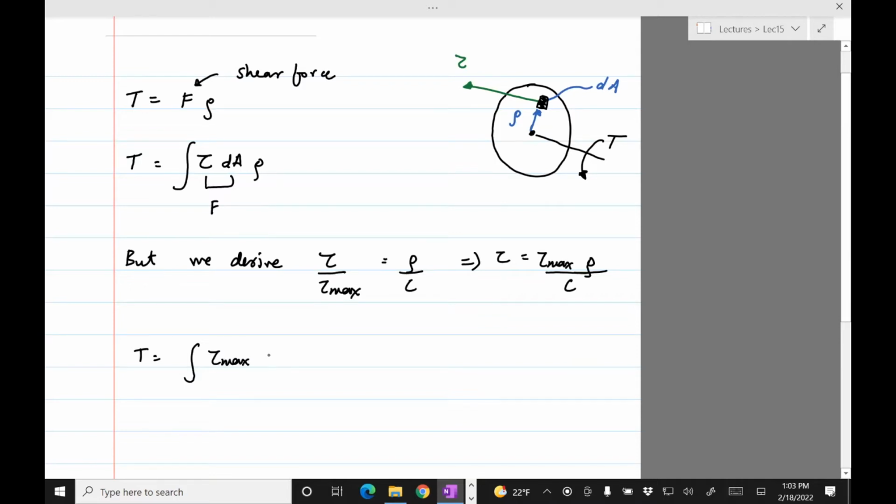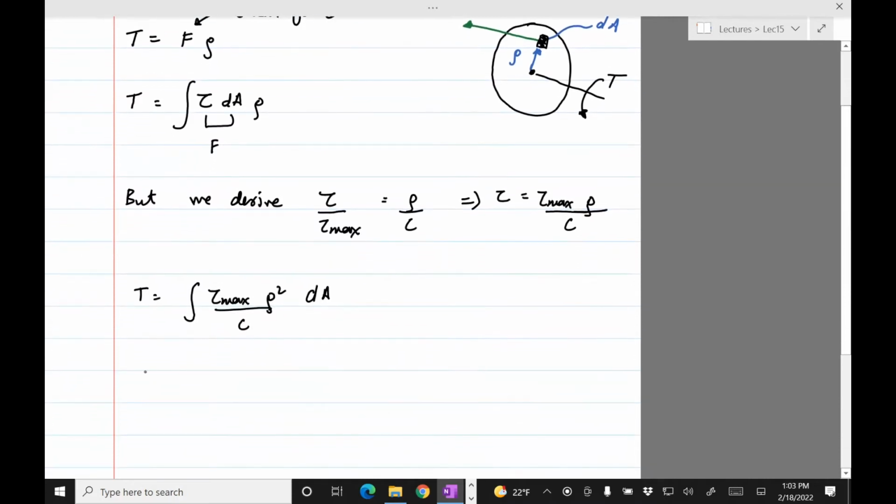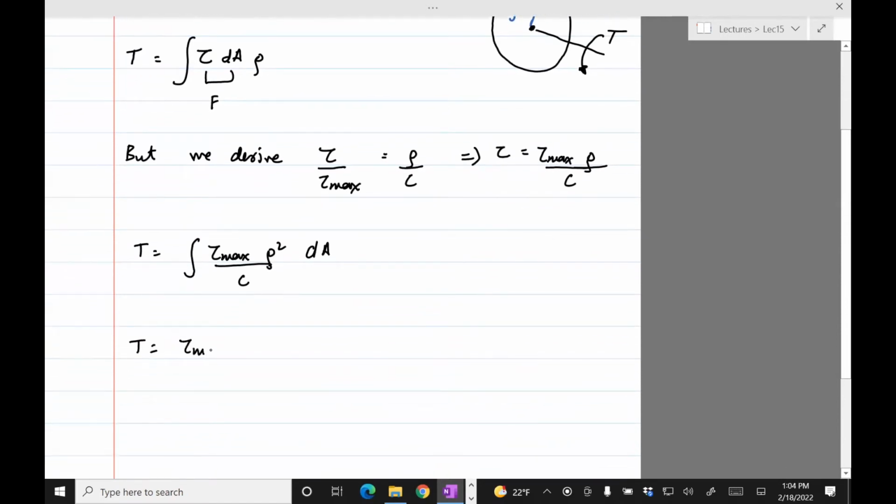Tau max. So there's another rho there, so rho squared divided by c, where c is the radius. Again, I can extract tau max and I'm left with this.